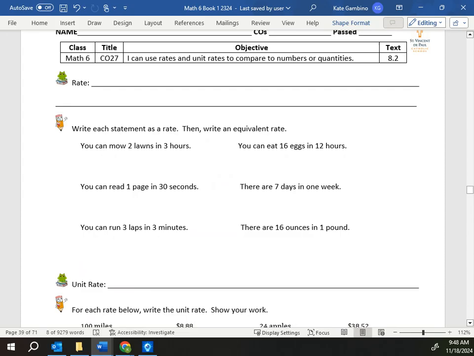CO27, rates and unit rates. So CO27, remember to label. So put that on your help sheet. Don't forget to label. So labeling is a big thing.